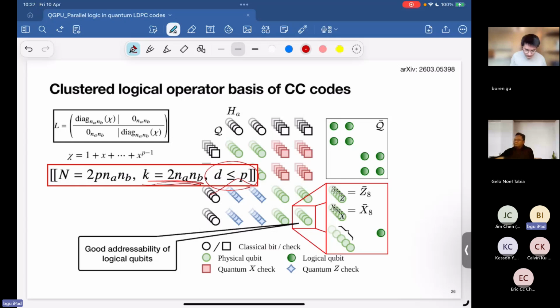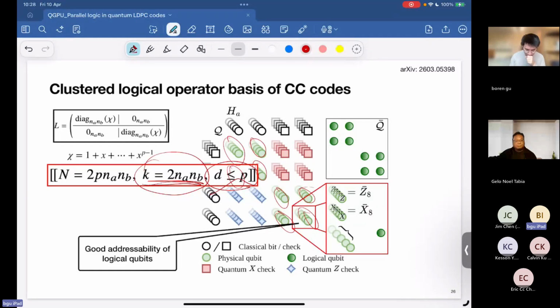So if you start with a seed code with NA and NB as their size, then you are able to read out that the number of logical qubits in this code is just the number of green clusters that we have in this Tanner graph, right? So this is easy to show.